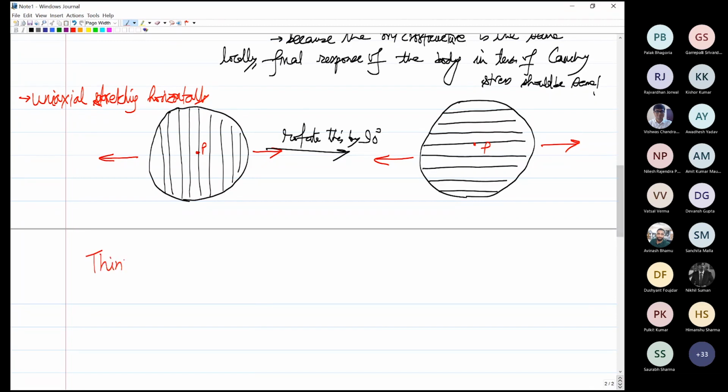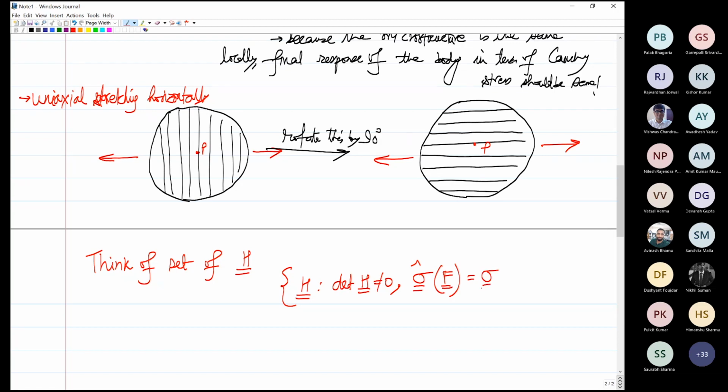So think of the set of all such H. So H such that determinant of H is not equal to 0, and also sigma hat of F is equal to sigma hat of FH, because the response is the same and the two deformation gradients, from one if it is F, then from the other it will be FH, right?